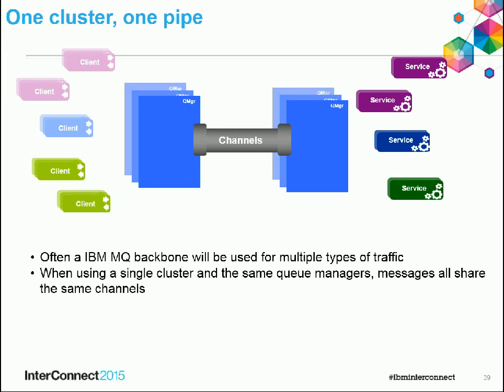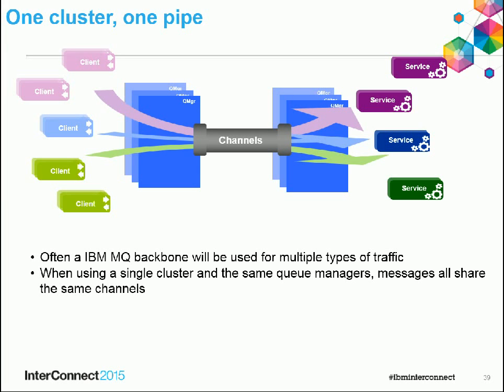All the messages are going to just get mapped onto their target cluster queues. It's going to be down to the cluster, which has got a channel defined for each queue manager, and it's going to use that channel to send those messages over. So they're all going to mix up on the channel, and some are going to get blocked behind others, which may not be what you're after.